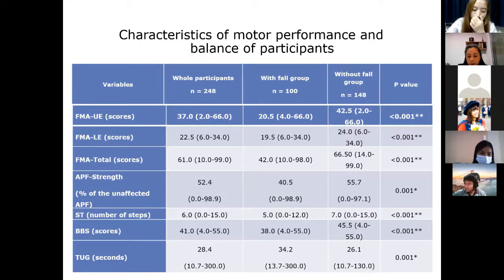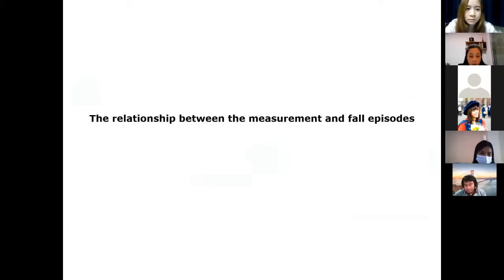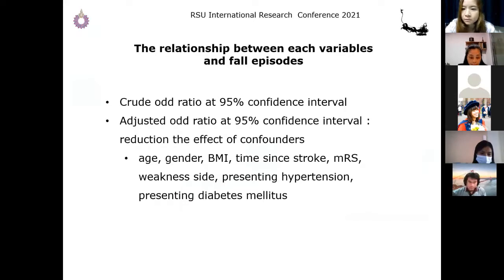From the comparative characteristics of motor performance, the results show that the participants with falls have worse performance than non-fallers. The relationship between the measurements and fall we analyzed using crude odds ratio at 95% confidence interval, and we also used adjusted odds ratio.